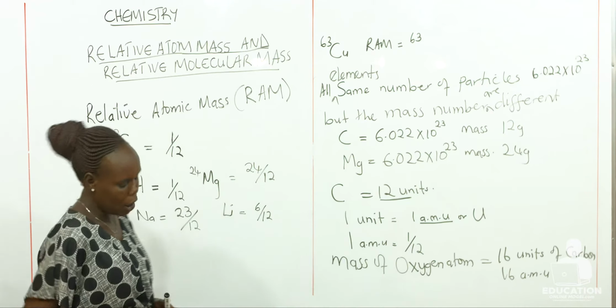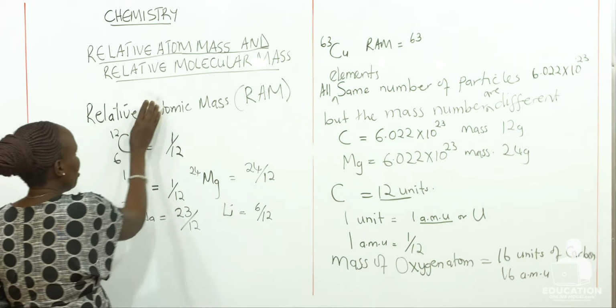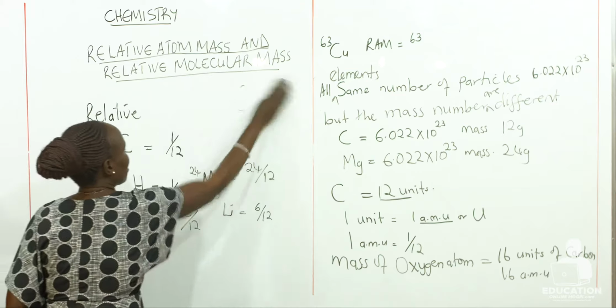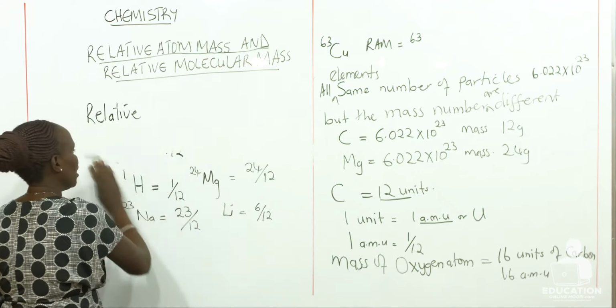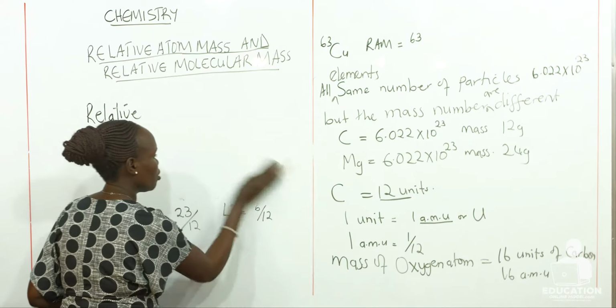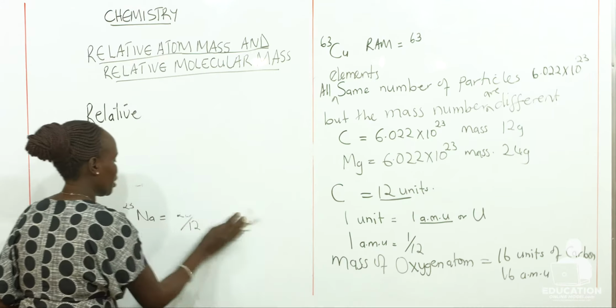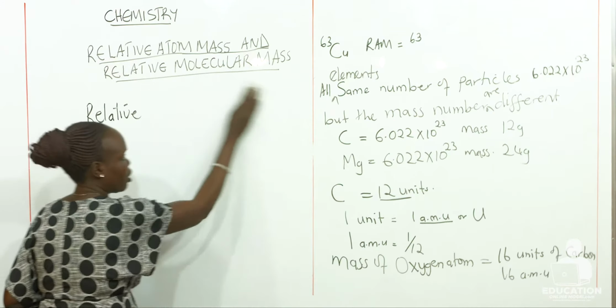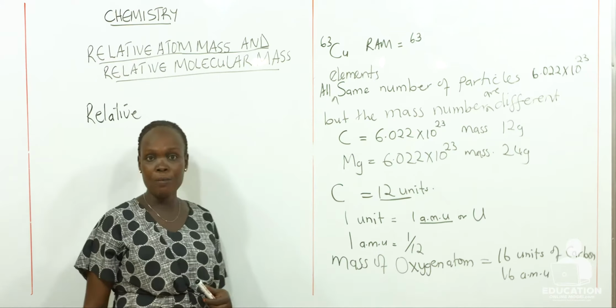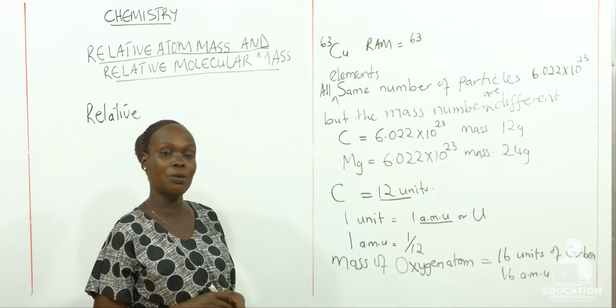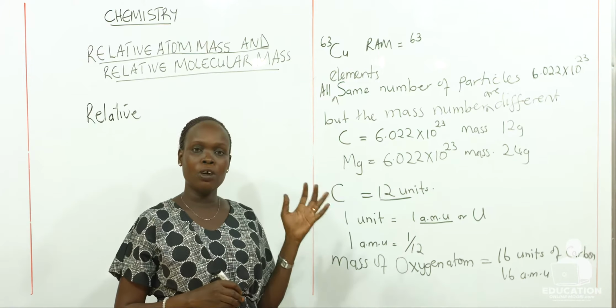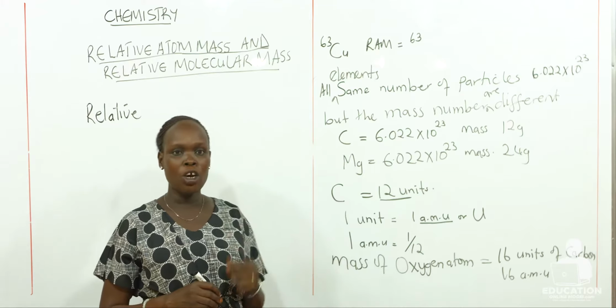So when we go to the second part, which is the relative molecular mass, here the relative molecular mass is not so different from the relative atomic mass. It's only here that we are dealing with the molecules, or we are dealing with ionic compounds.